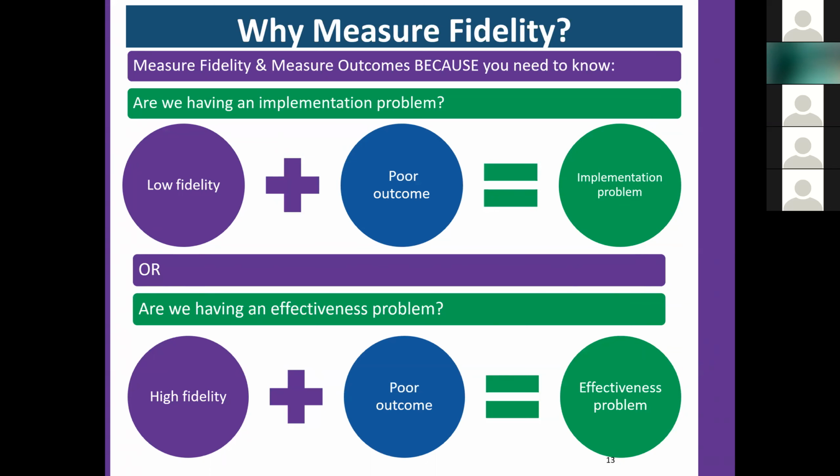And you take that step back and evaluate the outcomes, the programs, the services piece. The only way you know the answer to that particular question is if you can answer whether or not you have an implementation or an effectiveness problem. And the only way to do that is through program monitoring.